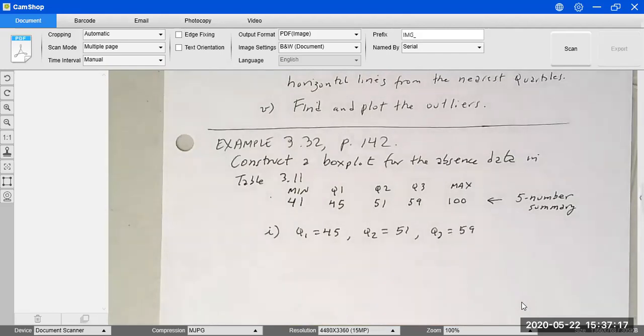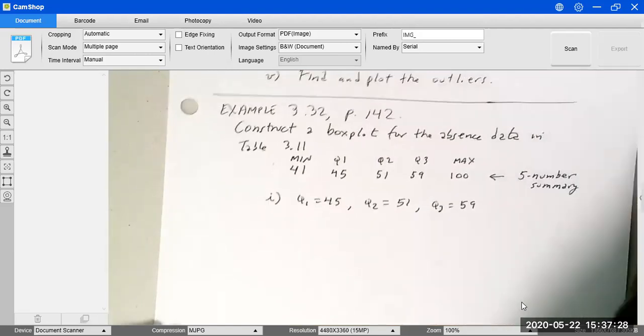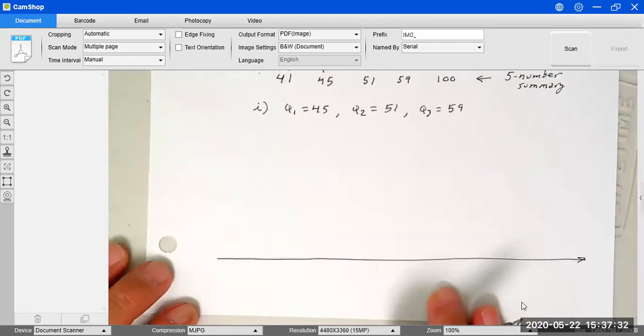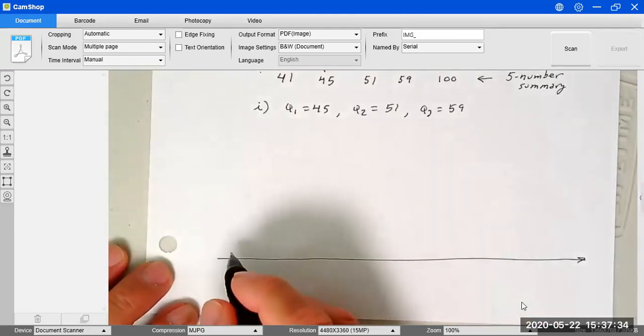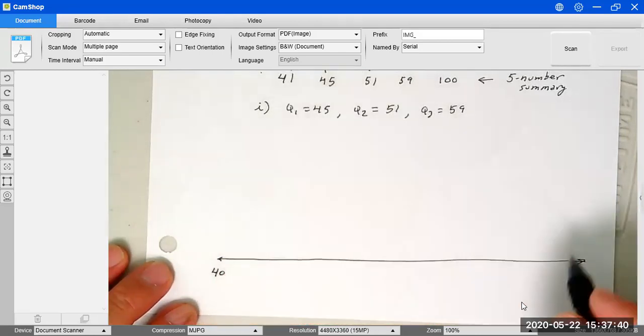So let's start drawing around here. I have a number line that goes from approximately 40, because 41 is the minimum value and 100 is the maximum value.